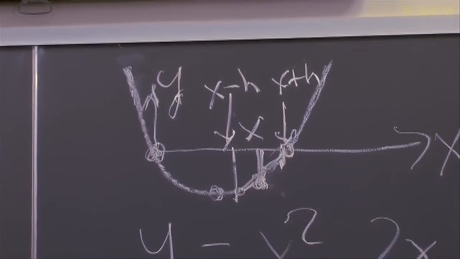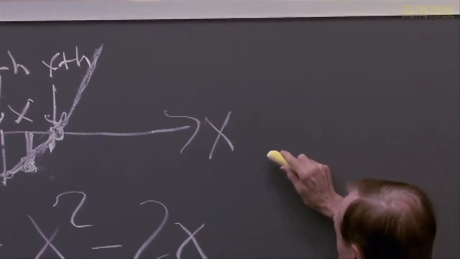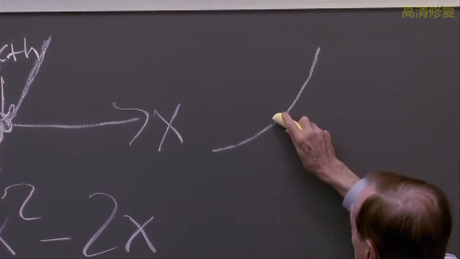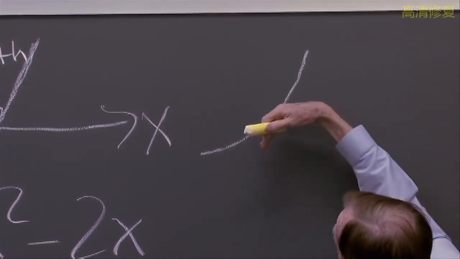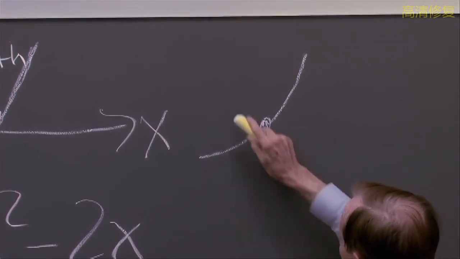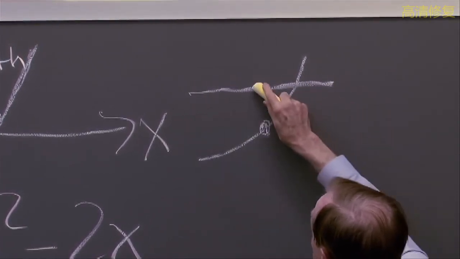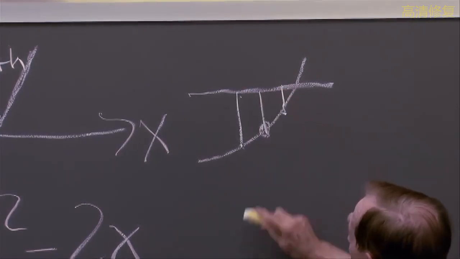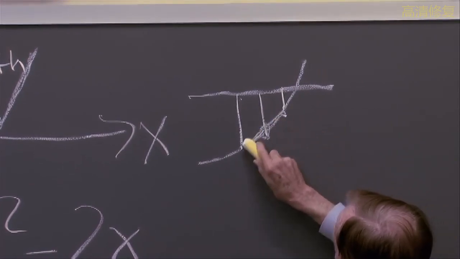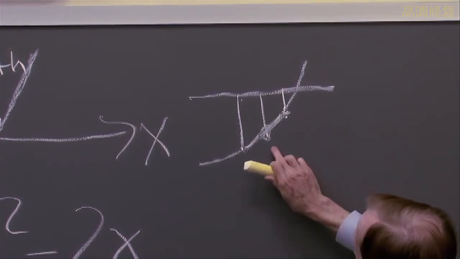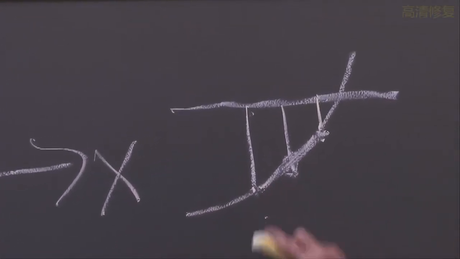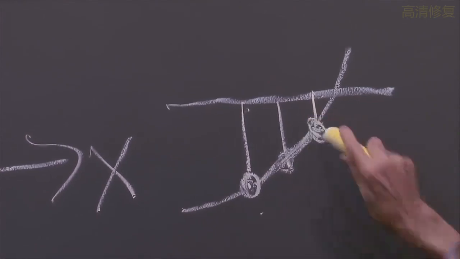You see, shall I draw that picture a little bigger? Here comes the changing slope. I'd like to know the slope at that point. The way to do it is look next to it, look above it, and look at the straight line that goes through those 2 points.